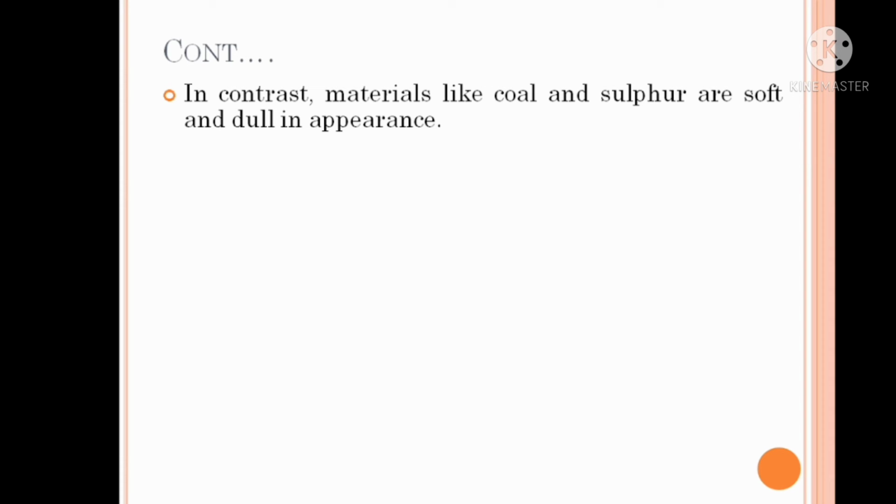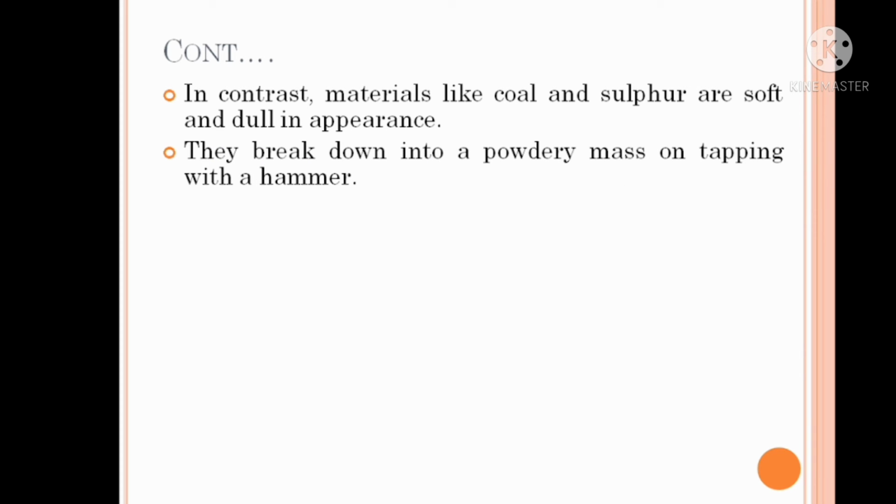In contrast, materials like coal and sulfur are soft and dull in appearance. They are not shining materials. They break down into a powdery mass on tapping with a hammer. As I told you earlier, when we hammer a material like sulfur or coal, it will not convert into a sheet, but will break down into powdery form.